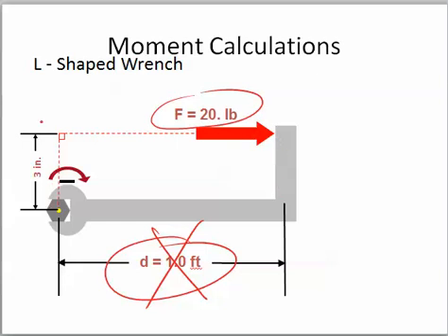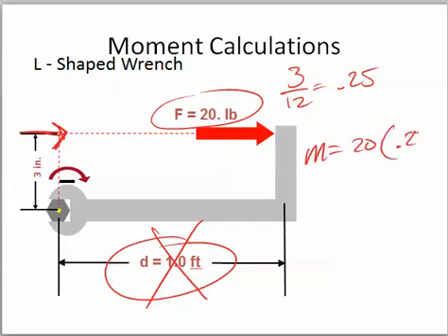This 20 foot-pounds could be applied right there, and that would only be 3 inches. 3 divided by 12 gives us 0.25. So my moment is going to be 20 times 0.25, one-fourth of 20, and my moment is 5 foot-pounds per foot.